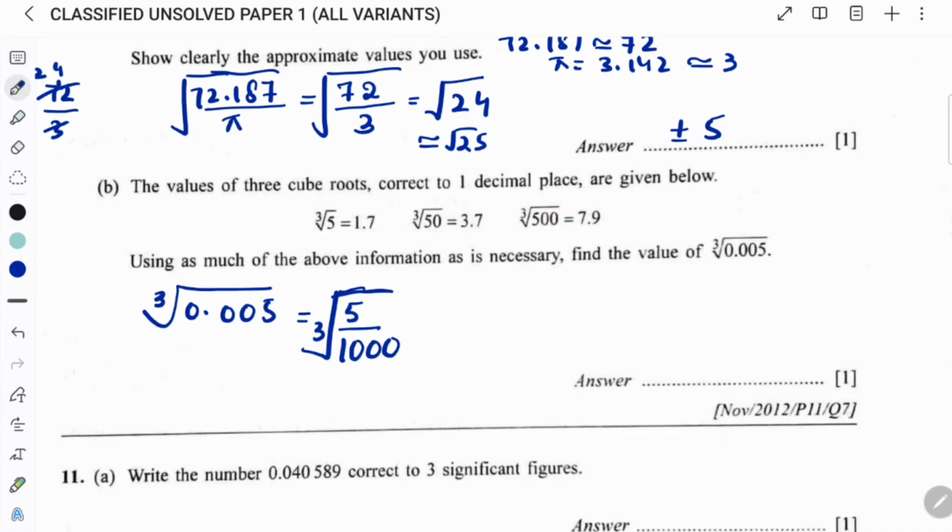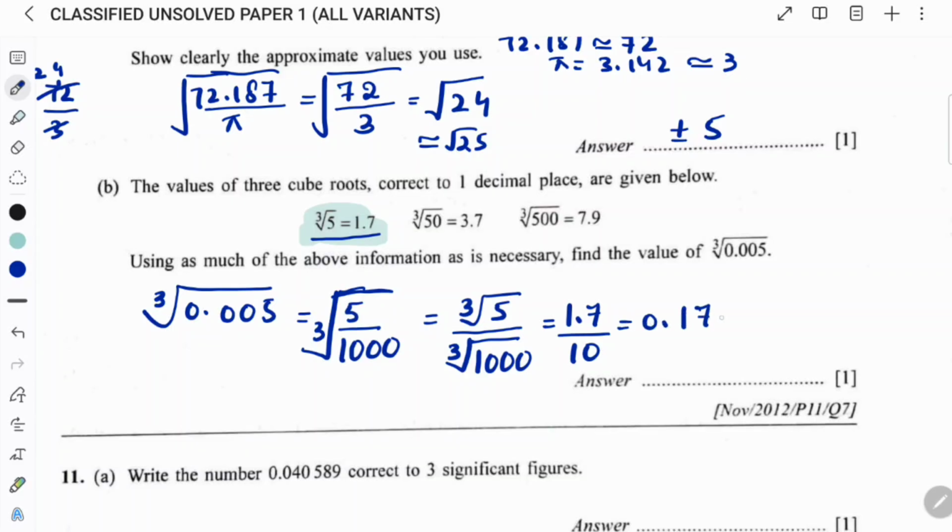We know the cube root of 5 from here, and the cube root of 1000 is 10. So the cube root of 5 is 1.7, we just substitute 1.7, and the cube root of 1000 is only 10. So 1.7 divided by 10 is 0.17, which is the answer for this question.